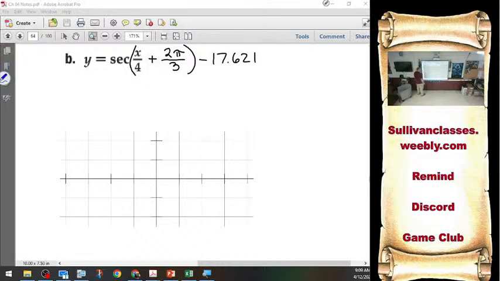Well, isn't the amplitude still 1? My midline is just negative 17.621. My amplitude is 1, so just up 1 from that. Negative 16.621, negative 18.621.